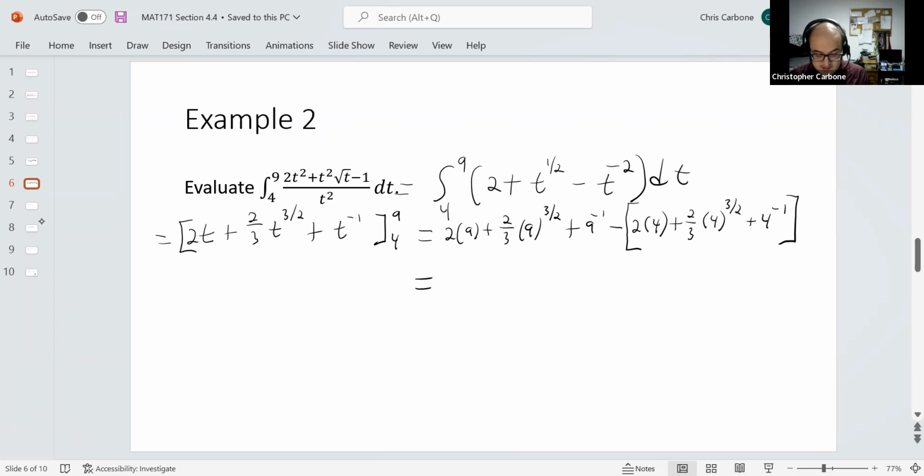So evaluating this entire thing, we would get as a fractional amount 811 divided by 36. Or as a decimal, this is about 22.5278, this rounds to.